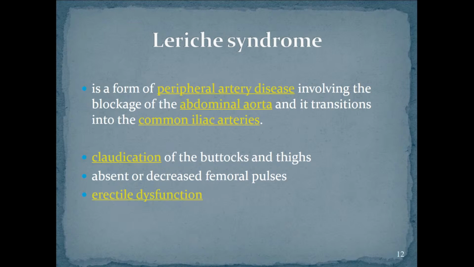Absent or decreased femoral pulse. Erectile dysfunction is also characteristic for Leriche syndrome. So this clinical picture we need to use to differentiate between simple atherosclerosis, or it would be better to say, localize the place of occlusion.